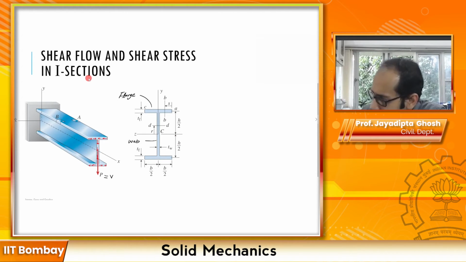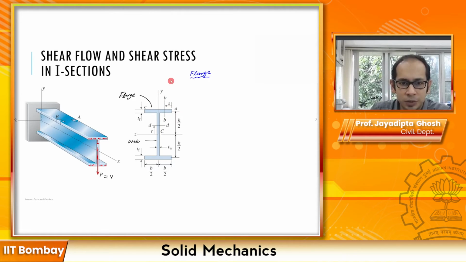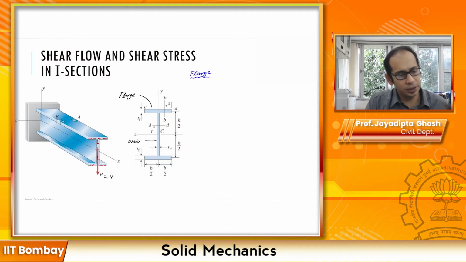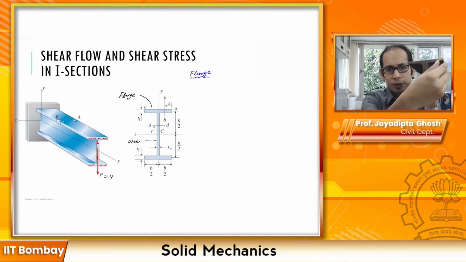First, starting with the flange, I'm going to take a small chunk of it along this section BB. My section of interest is this small yellow portion that I've marked over here.